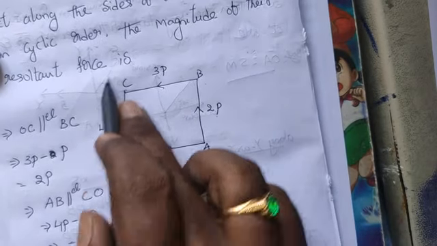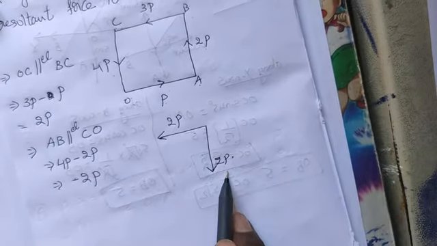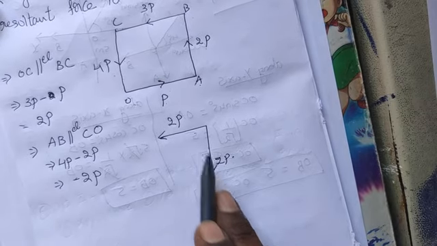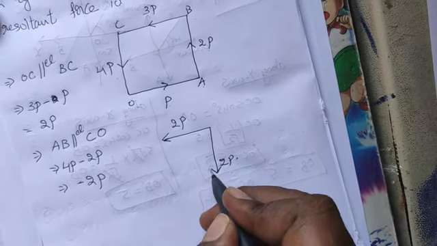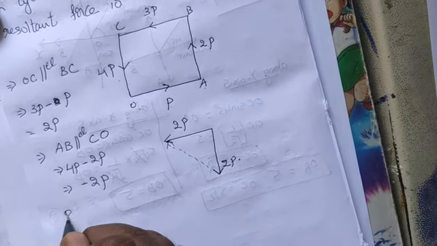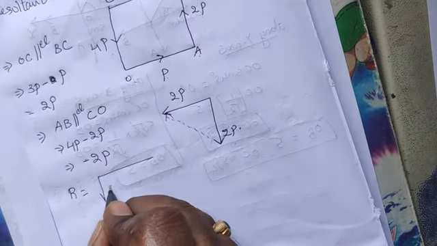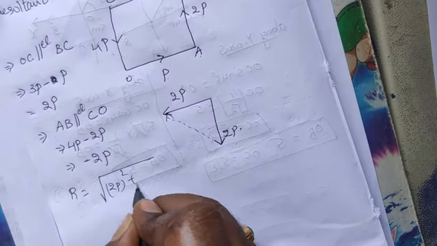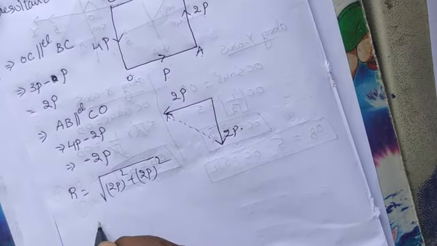So according to these 4, we get 2 forces. One is 2P, another one is 2P. Now we need to find the resultant. Then what is the resultant? R equals root of 2P square plus 2P square. What do we get?